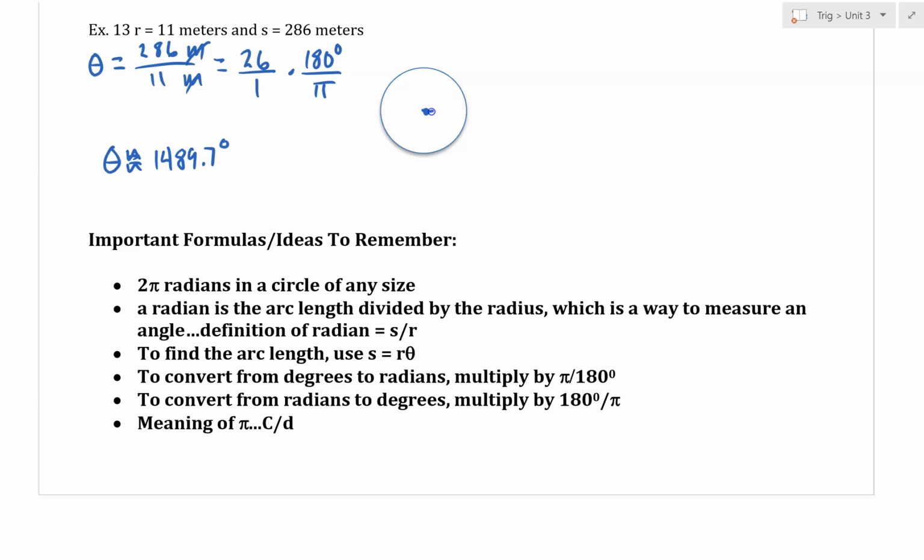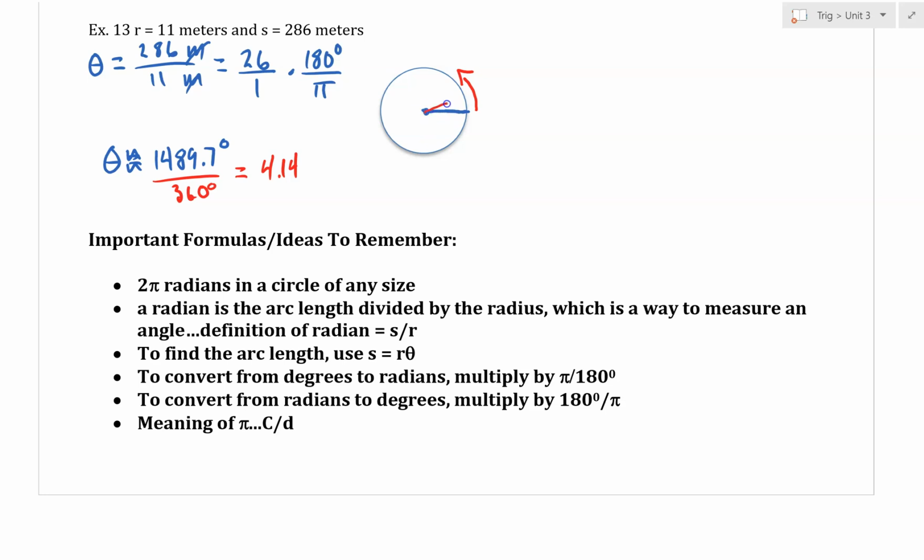Well, if I start right here and I draw my starting position, and then I'm going this direction, I would need to figure out how many times it's going to go around. Well, if I take that number and I divide it by 360 degrees, it's going to come out to roughly 4.14, I believe. Somewhere in there. Which tells me then it's going to go around the circle 4 times and have a little bit left over.